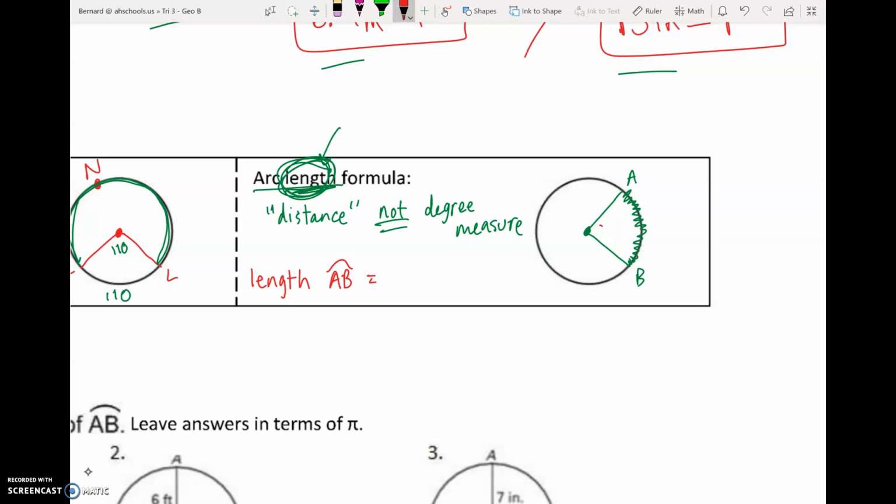We figure out this is a certain degree measure, and this is that same degree measure. And so we're going to do whatever that degree measure is divided by 360. And then we will times that by pi times our diameter. And so this piece is our circumference. And then this piece is just a fraction. And so this is us taking our circumference, but reducing it to a specific fraction that we want it to cover, right? And that fraction is just this x piece out of the entire 360.